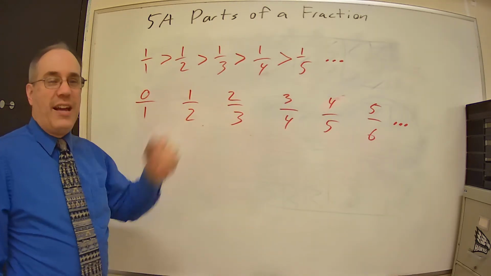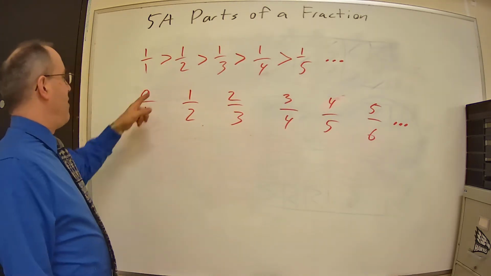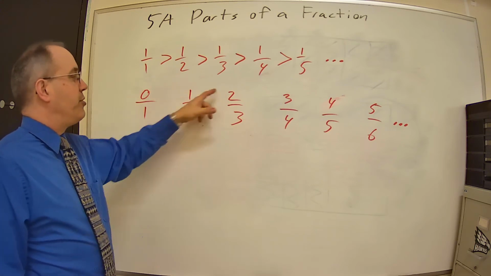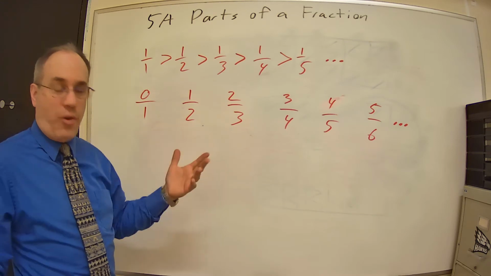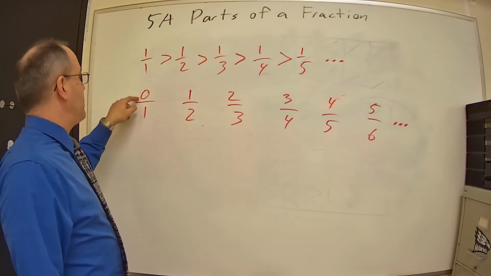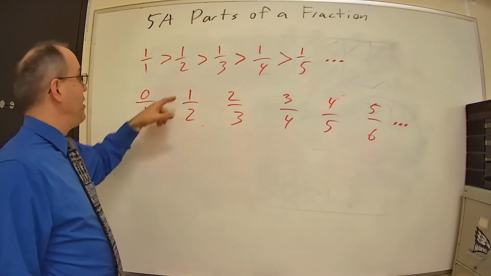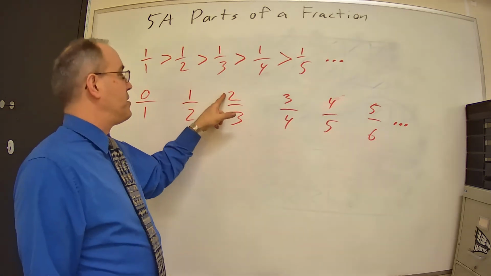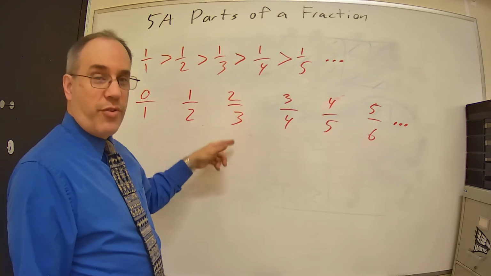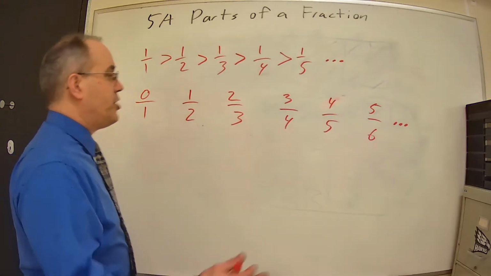So now what I'm doing is, instead of giving you one of the pieces, I'm coming up 1 shy of having all the pieces. I have 0 out of 1, 1 out of 2, 2 out of 3, 3 out of 4, right? If I add one more piece to each of them, I get the whole. If I add one piece to this, I've got 1 over 1, or 1. If I add one piece to this, I've got 2 over 2, or 1. If I add 1 piece to this, I've got 3 pieces over 3, or 1, right? So I'm just shy of it.